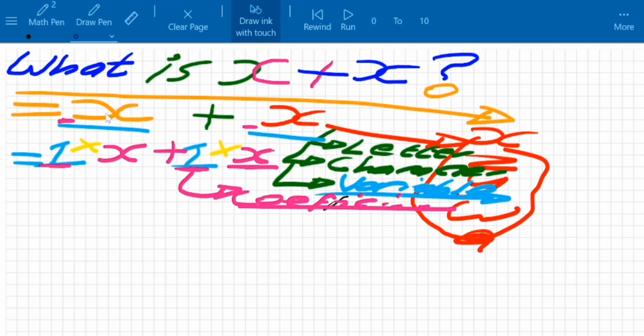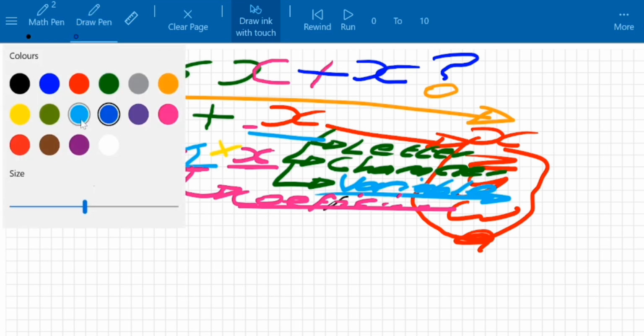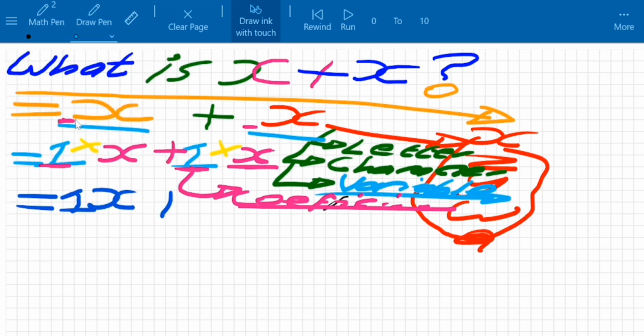So if here we know that it's 1 and also 1, it will be like this: 1x plus 1x. So we have an equation.